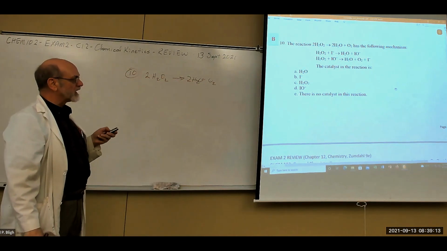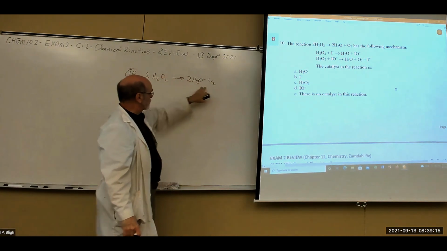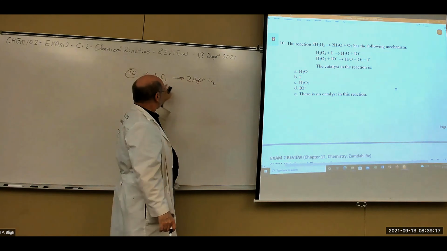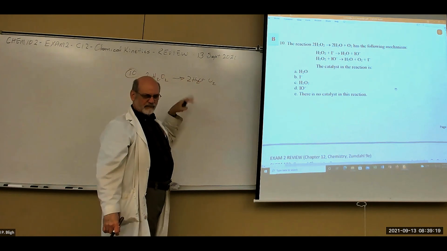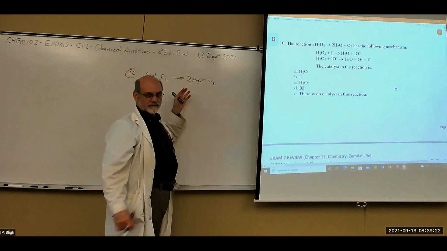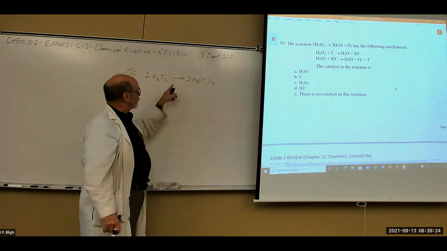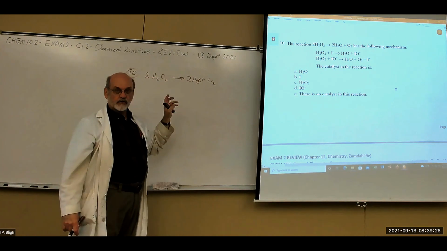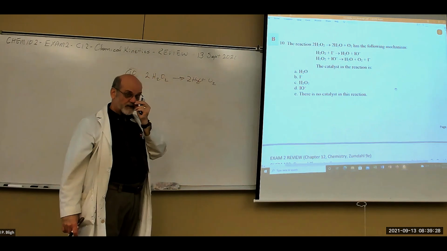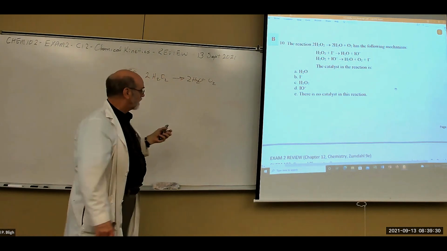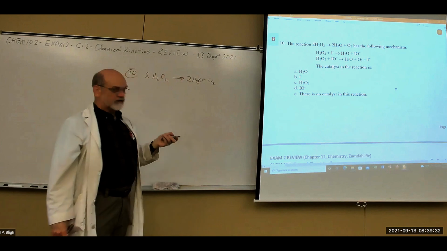And if we propose a mechanism, right, this is the reaction. If we write it this way, that implies that there's no catalyst. But if we write it with something here that shows some component that we're adding as a catalyst, we didn't do it here because that's the question.